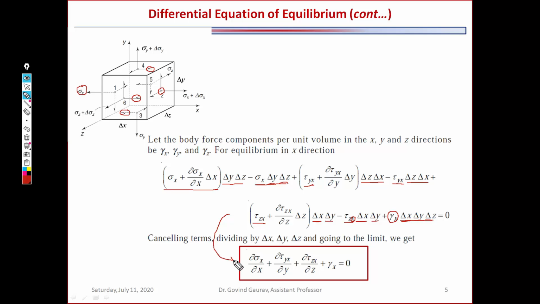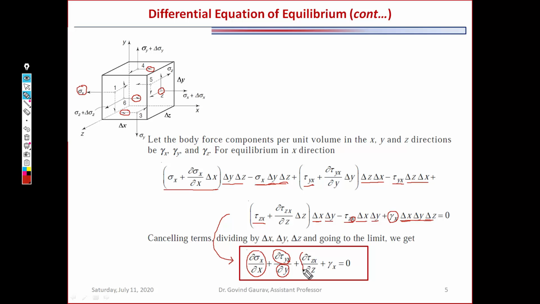this value, which is represented by the forces acting in the x direction. So this equation represents the partial derivative of the normal stress which is acting in the x direction. Second one is the partial derivative of the shearing stress that is acting in the x direction with respect to the y axis, partial derivative with respect to y.